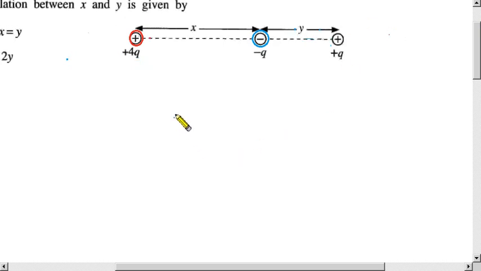Or you can even use the force equation. We know force equals q1 q2 divided by 4 pi epsilon naught d squared.